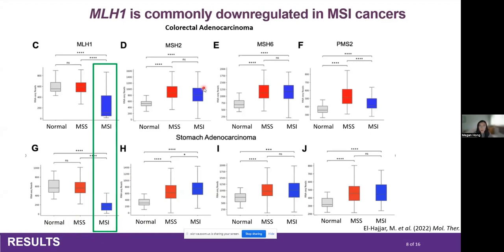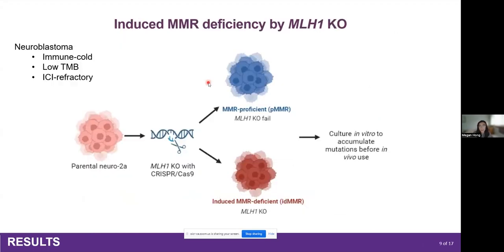Whereas for the other mismatch repair genes, the expression was not as affected among the microsatellite unstable samples. So given that MLH1 is commonly downregulated in the microsatellite unstable cancers, we wanted to see if inactivating MLH1 in neuroblastoma can sensitize them to immune checkpoint inhibitors.